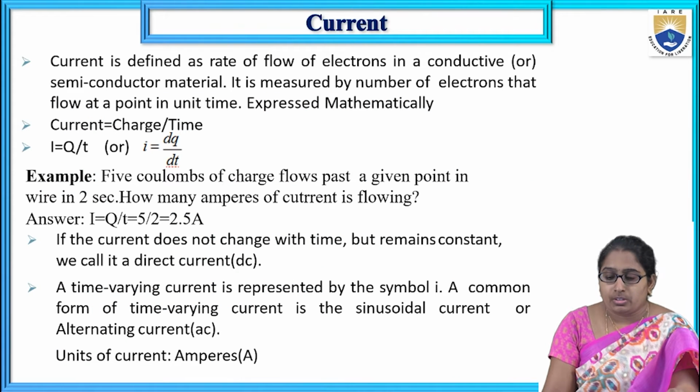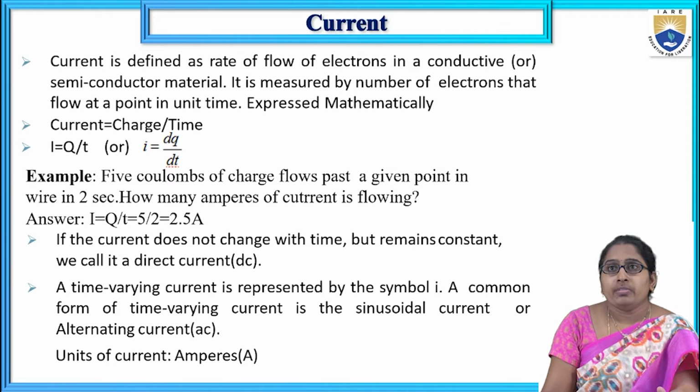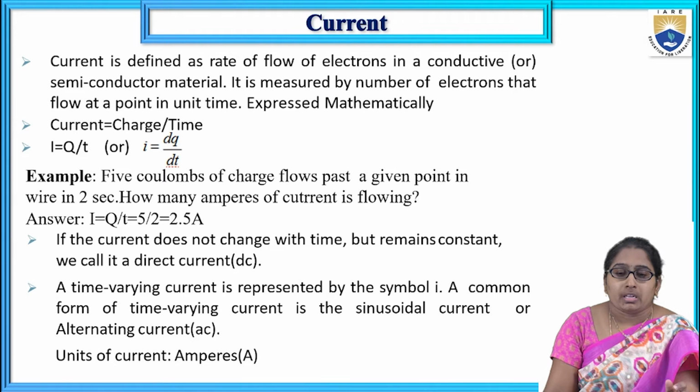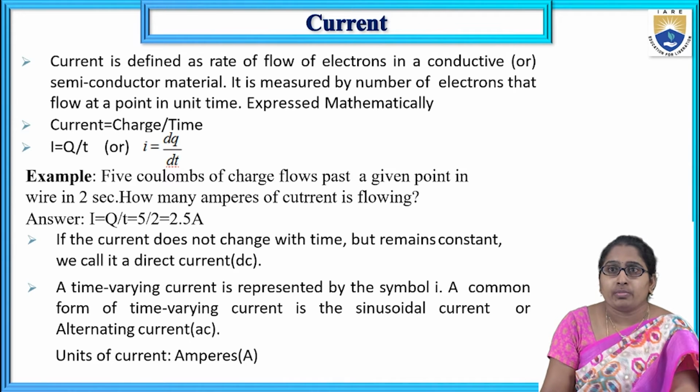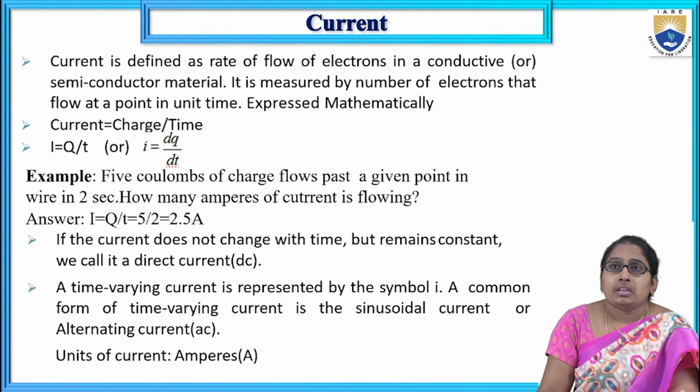First, the definition of current. Current is defined as the rate of flow of electrons in a conductive or semiconductor material. Sometimes they also say rate of flow of charged particles, and charged particles means electrons.